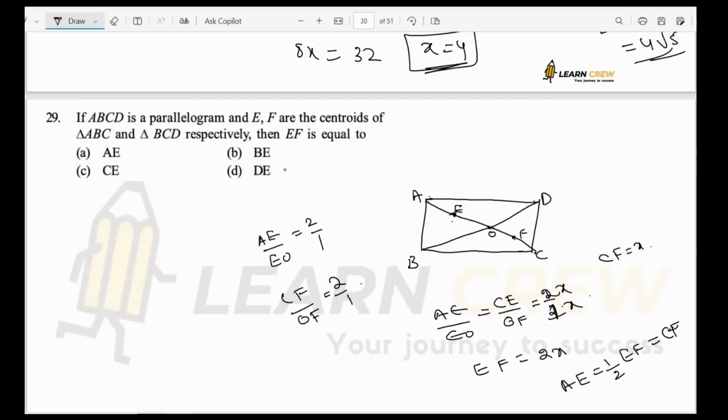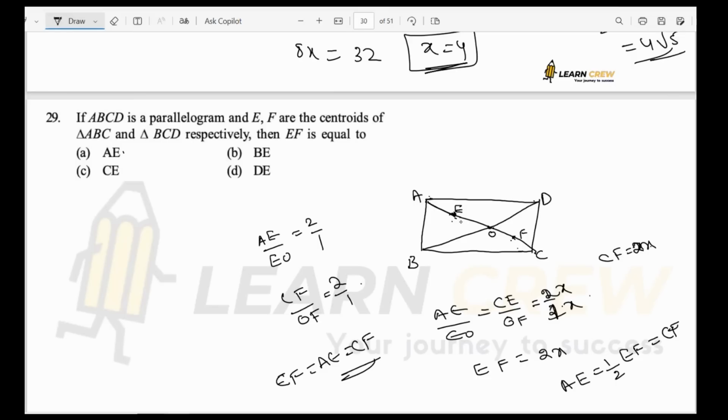So EF would be equal to AE. AE and CF are all 2x. So this EF would be equal to AE or CF.